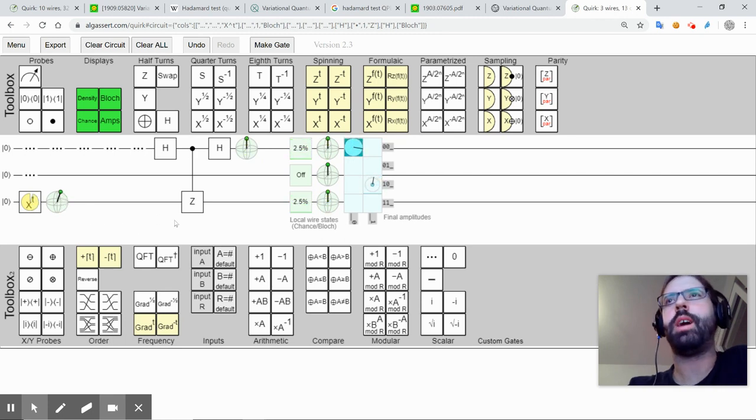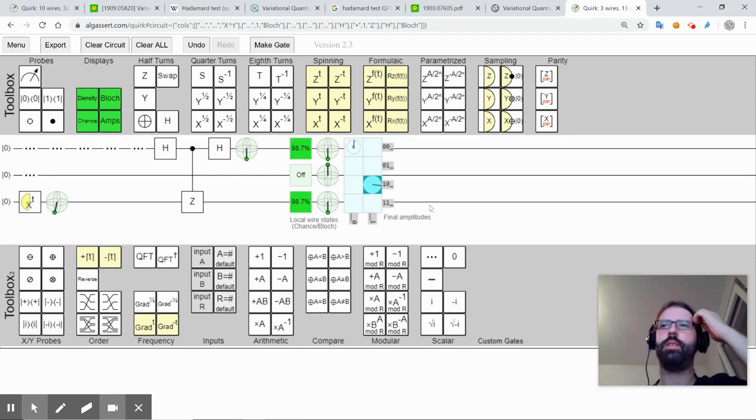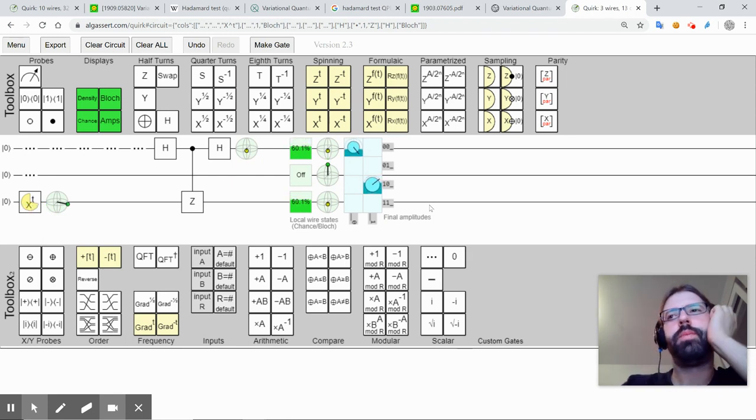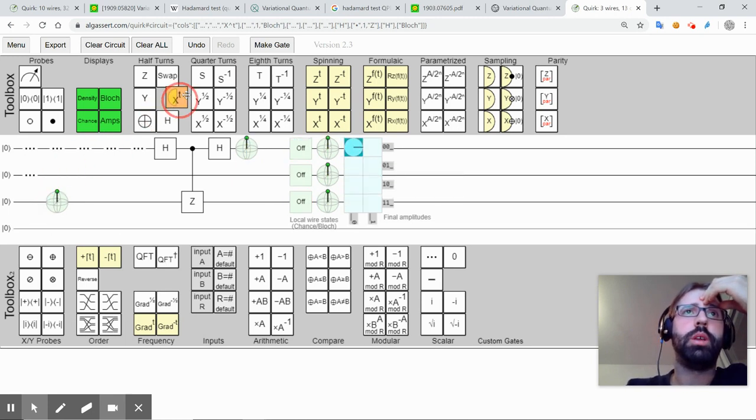I'd like to break this down, but I probably should do this in another video. Is this the Hadamard test? I guess it's an application of the Hadamard test. Yeah, you're copying the probabilities really.